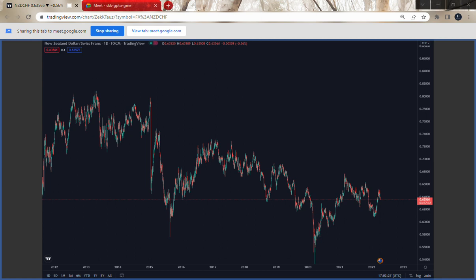On CAD JPY, it's fine. You identified it the way I would have identified it, and then EURCAD also almost the same thing.